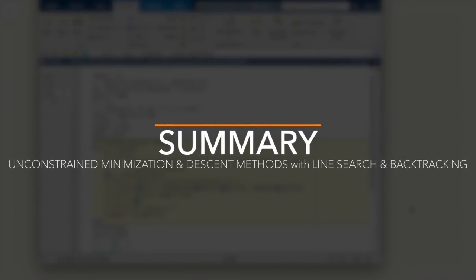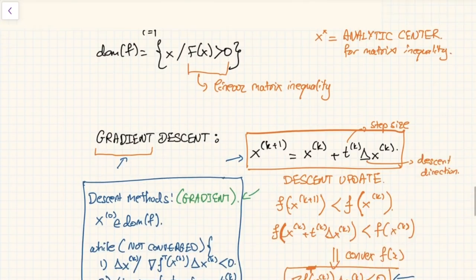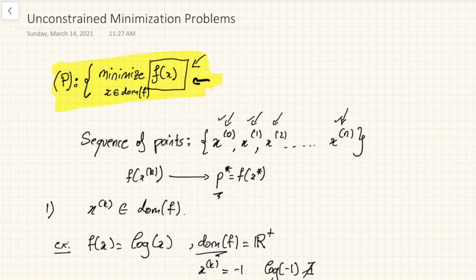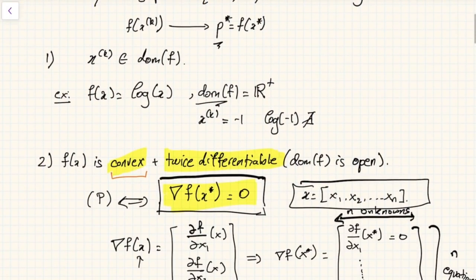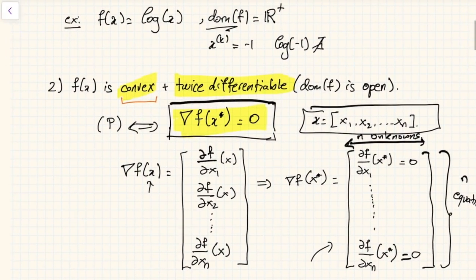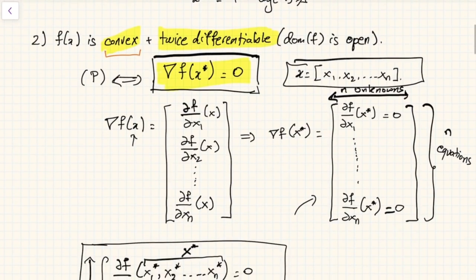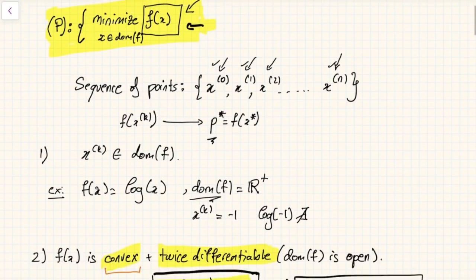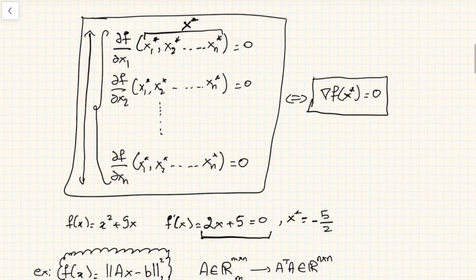I think we covered a lot of stuff concerning unconstrained minimization optimization. We started off the lecture by defining what an unconstrained minimization problem is. We stated conditions concerning algorithms that will iterate until converging towards a minimizer of P, the unconstrained minimization problem. These iterative methods, such as gradient descent or descent methods in general, or as we will see in future lectures, steepest gradient descent, Newton's method, self-concordant methods, and so on.